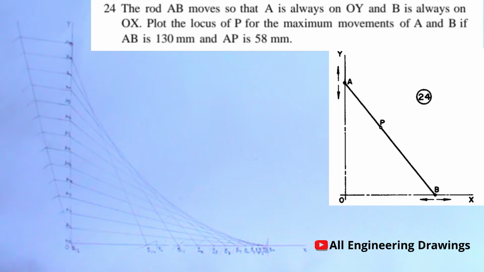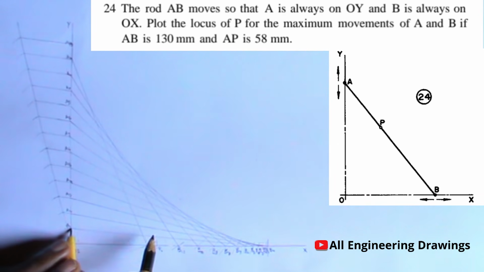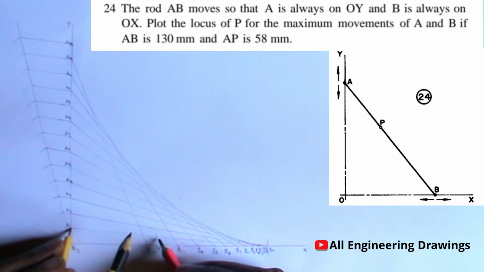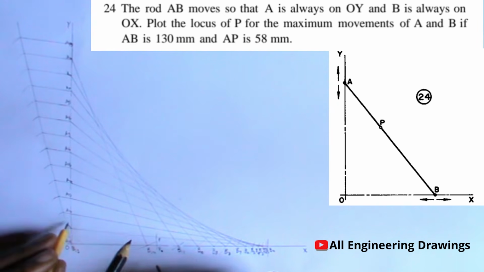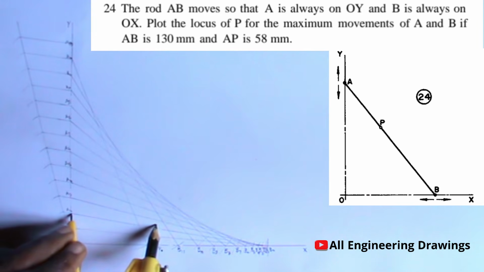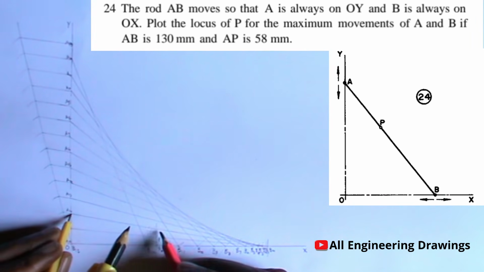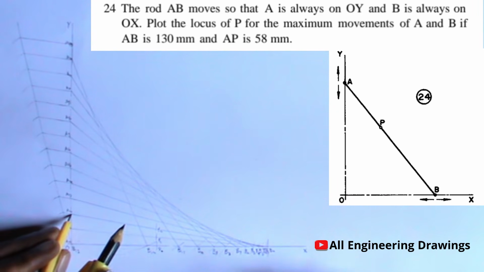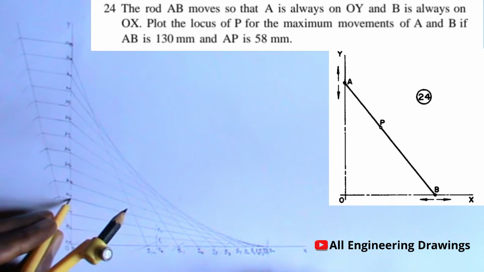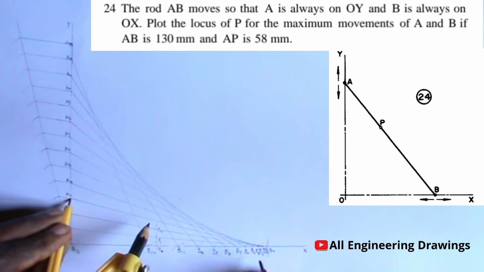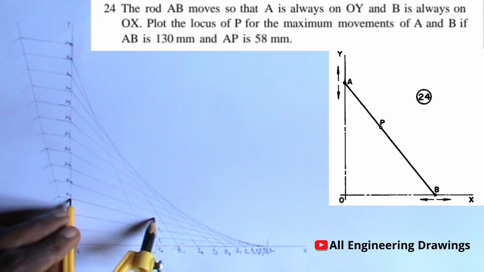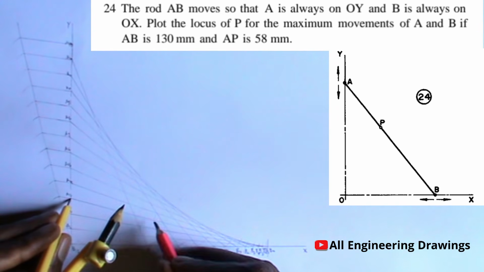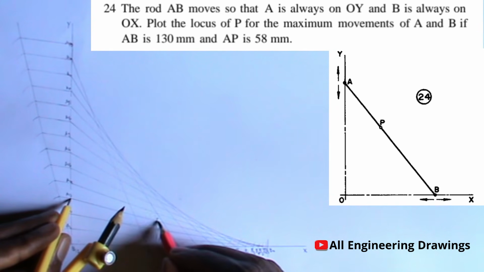Then I will go to A1. I will cut an arc along A1B1. I will label the point P1. For A2, I will do the same. I will label the point P2. Then I will go to A3, that is, I will cut an arc along line A3B3. I'll label the point P3.